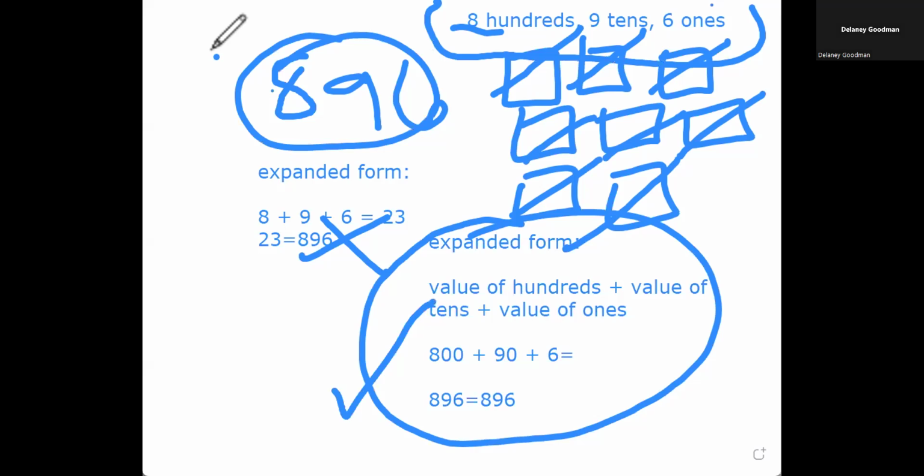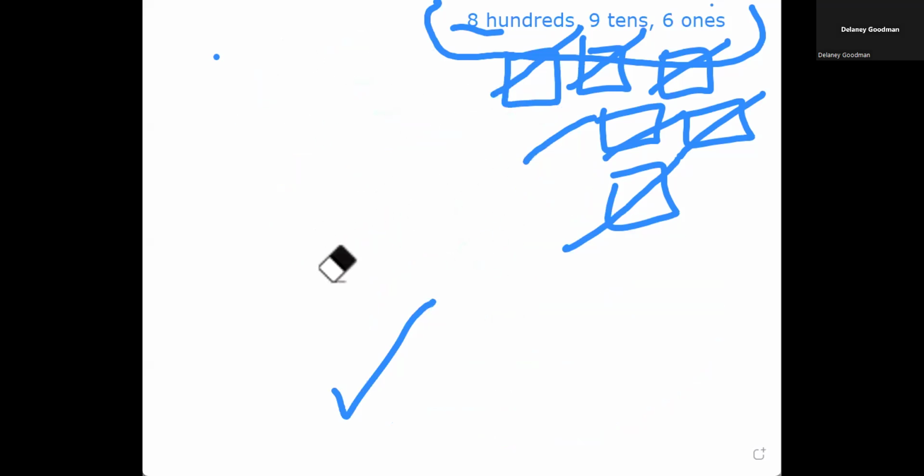And we even have the model, which I have erased from this screen, but it's just drawing your hundreds, tens, and ones. So we have just now revisited how to read and write 3-digit numbers within 1000. We can read the numbers and write the numbers using standard form, expanded form, and base 10 language.